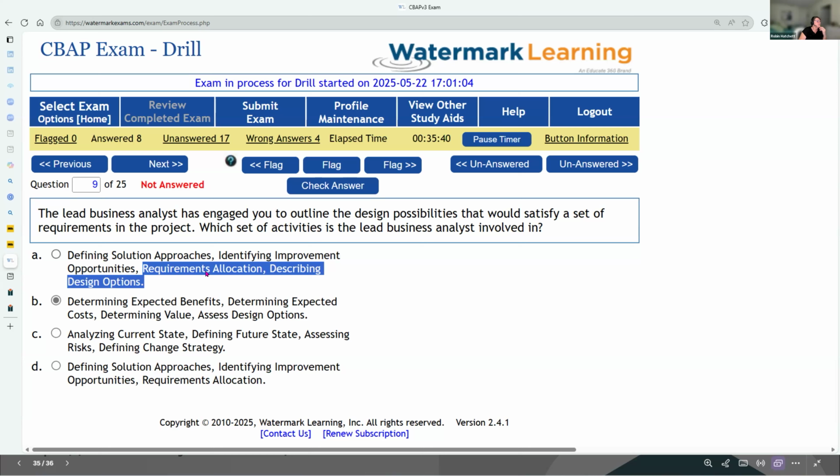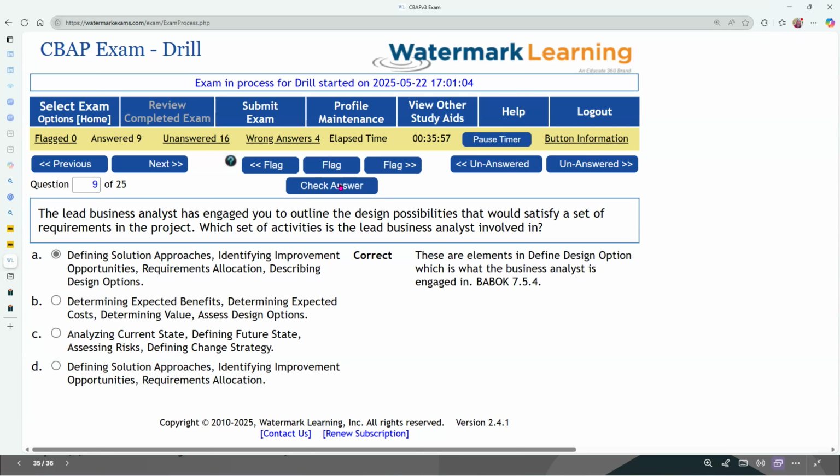But what about requirements allocation? Is it a part of this task? Yeah, it is. Page 260. I would go with A then. Page 154. These are the elements in define design options, which is what the business analyst is engaged in.